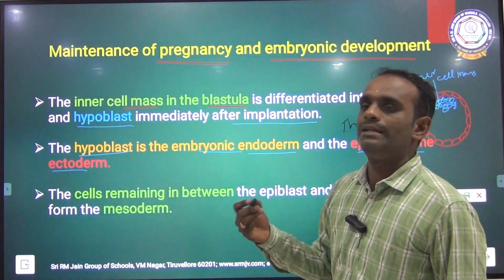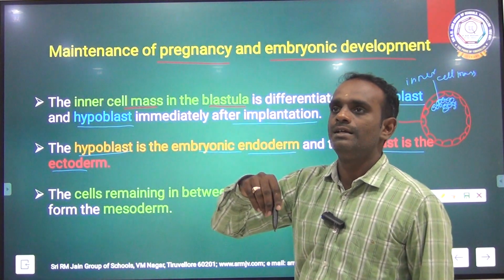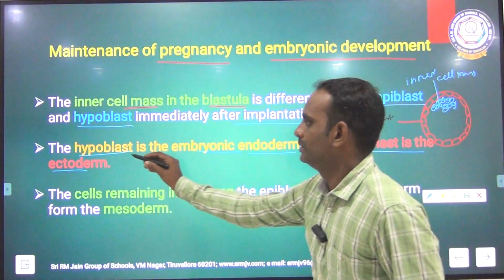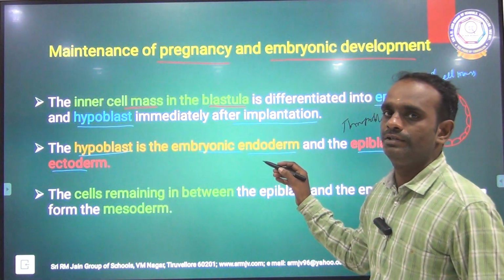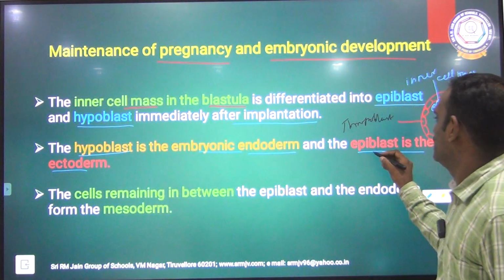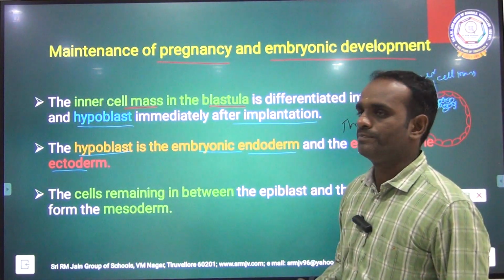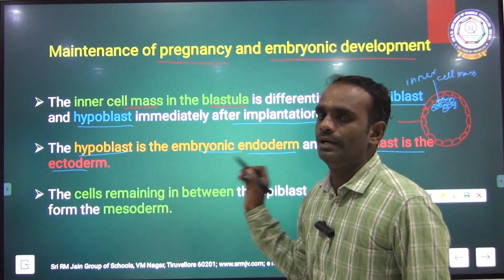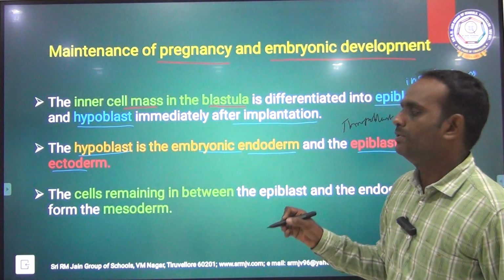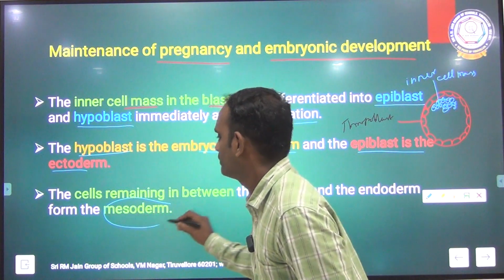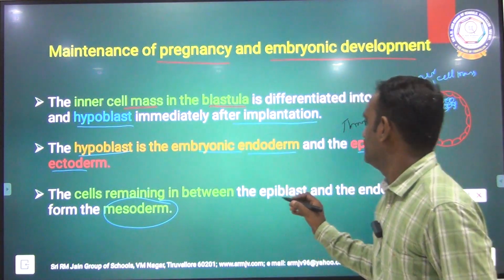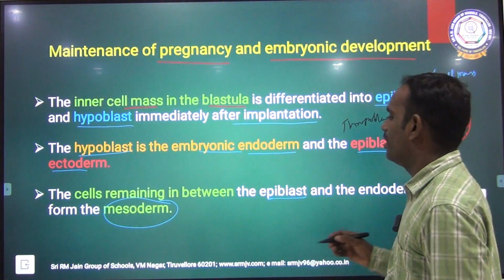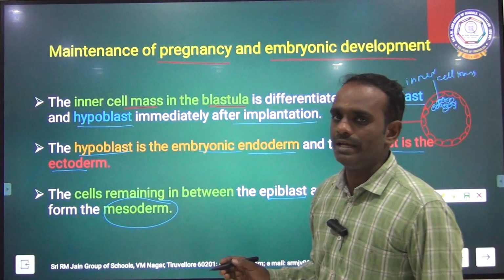Endoderm, ectoderm and mesoderm are the germ layers of the embryo. The hypoblast is the embryonic endoderm, while the epiblast is the ectoderm. In between the endoderm and ectoderm there will be a tissue called mesoderm. So the cells remaining between the epiblast and the hypoblast form the mesoderm.